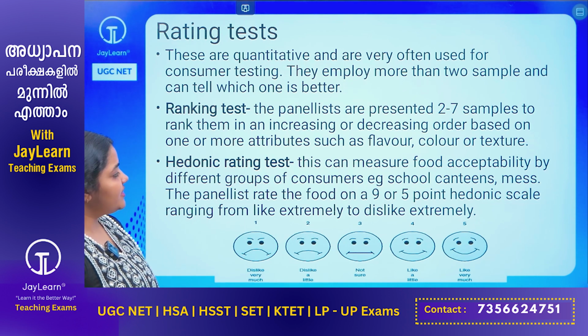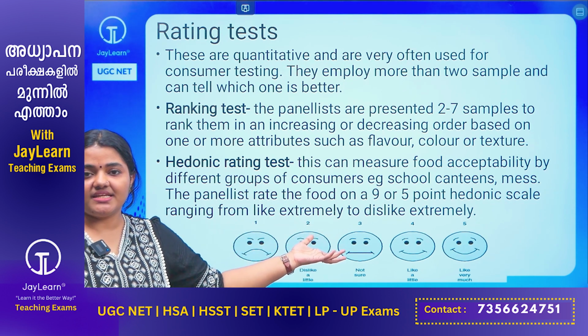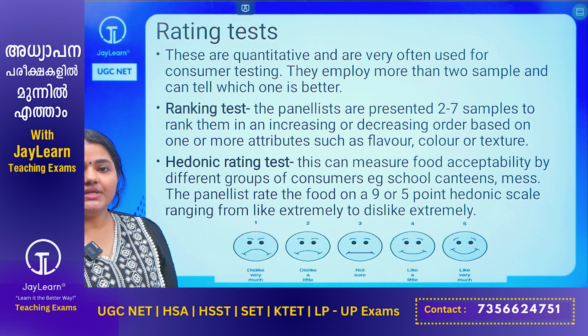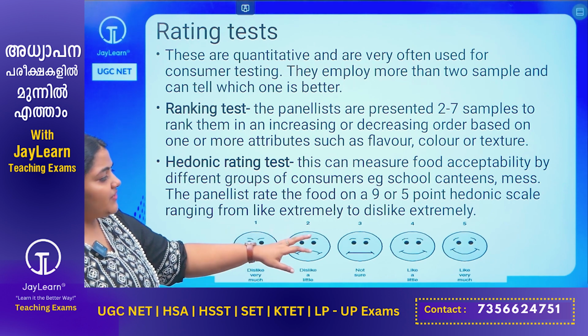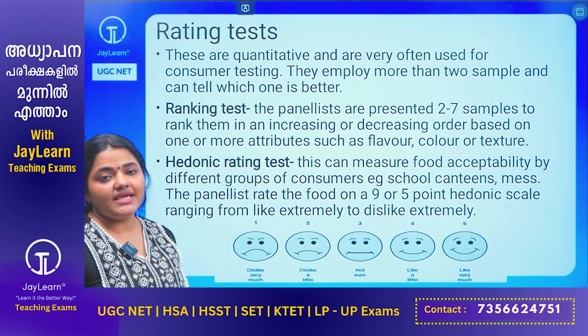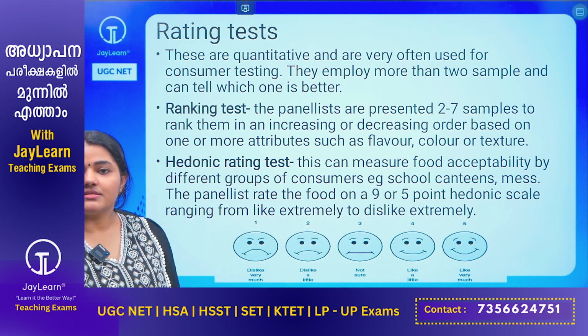Second one is hedonic rating scale. Usually for most of the research purposes, when you are doing sensory analysis or even on a daily basis, we usually have hedonic rating scale, where a 9 or 5 point hedonic scale is used, from like extremely to dislike extremely.